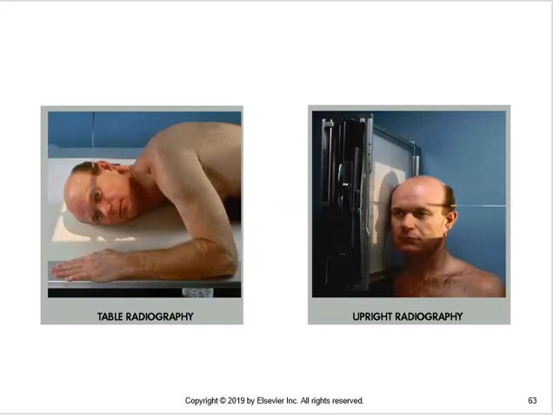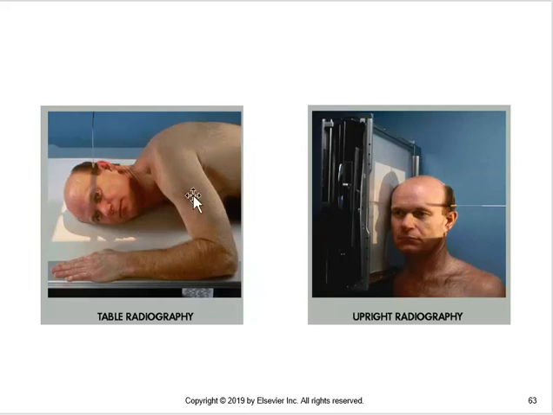But consider if he was hypersthenic, if he was really big, thick hypersthenic, he has a great big belly and a great big chest, then what you might have is a situation where his head cannot get into a good lateral position like this. So where the interpupillary line applies in a lateral is that you want the interpupillary line to be perpendicular to the image receptor and perfectly vertical.